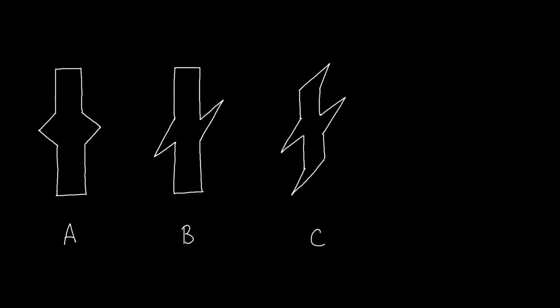Okay, I see in the chat that there is a proposal that A has the most symmetry and C has the least, with B being in between. Would you be able to explain what you mean by that? In which sense does A have the most symmetry?